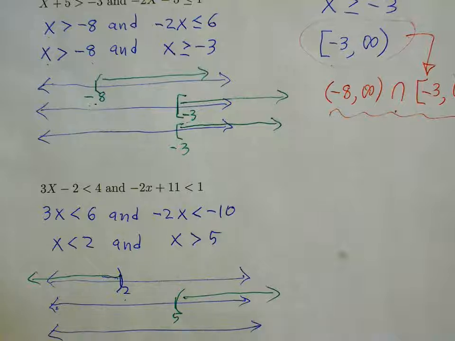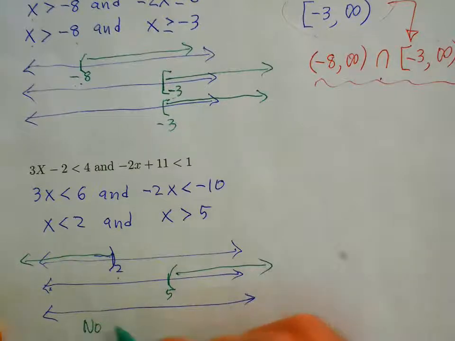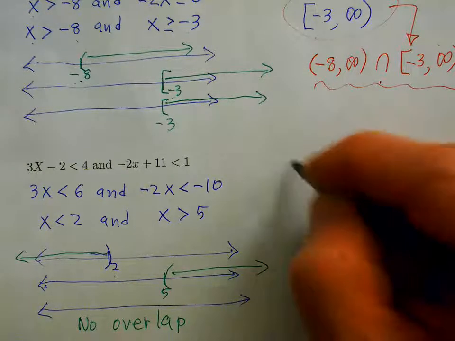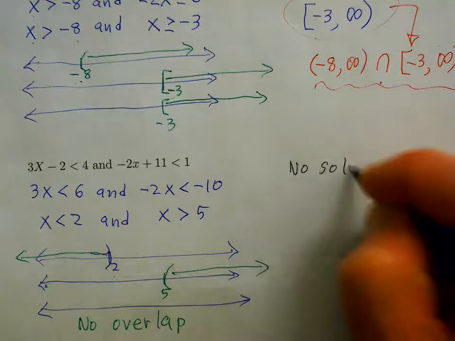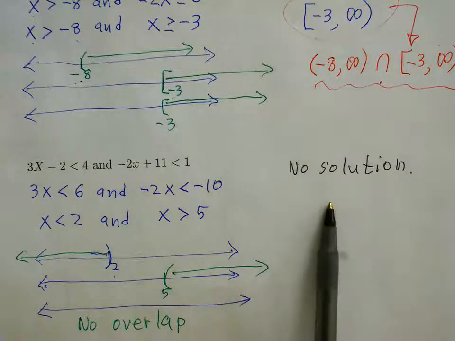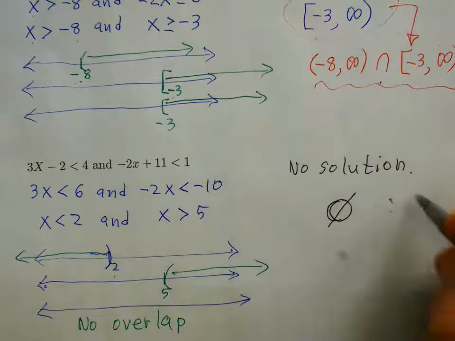So there is no overlap. So we say that the compound inequality has no solution. The interval notation for no solution is the empty set. That's the empty set.